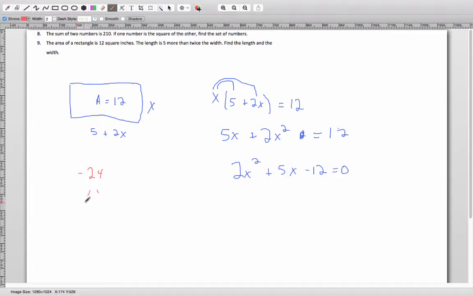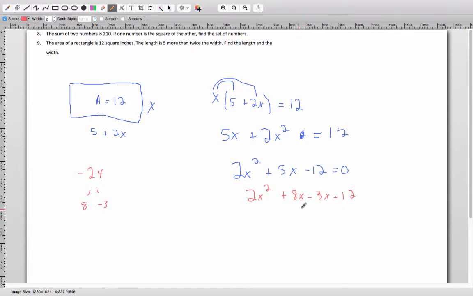That's going to be 8 and negative 3. Now rewrite the expression: 2x squared plus 8x minus 3x minus 12. All I did was replace 5x with 8x minus 3x. Same expression, I just had to be specific about the numbers, and I got those numbers from here.